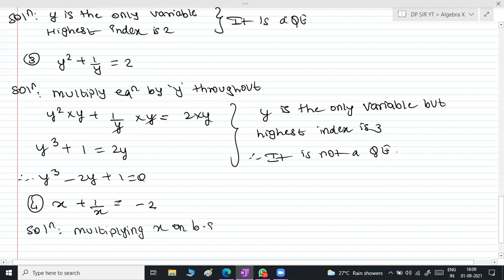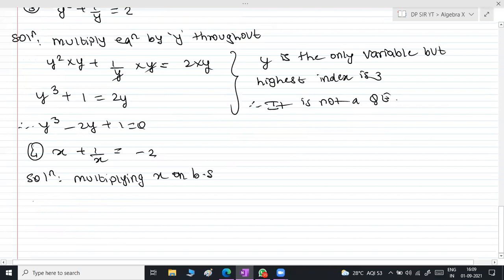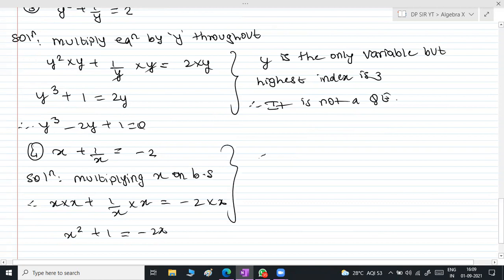You all are more comfortable with this language, so no problem. You can use any, provided you know the concept. So here it would be x into x plus 1 upon x into x, which is equal to minus 2 into x. So here it's going to be x square plus 1 is equal to minus 2x. Bring it to the standard form, I would suggest. So here it's going to be x square plus 2x plus 1 is equal to 0.